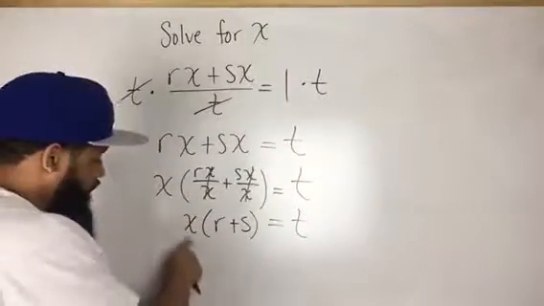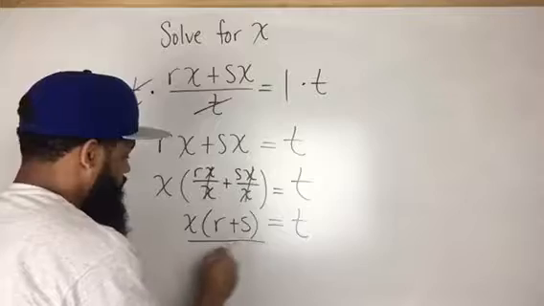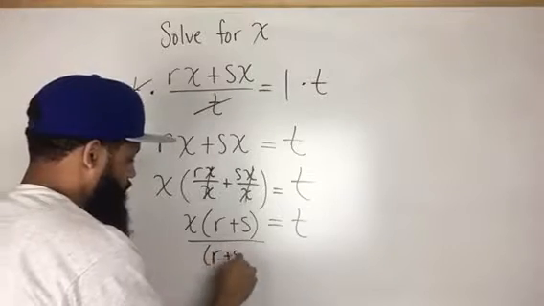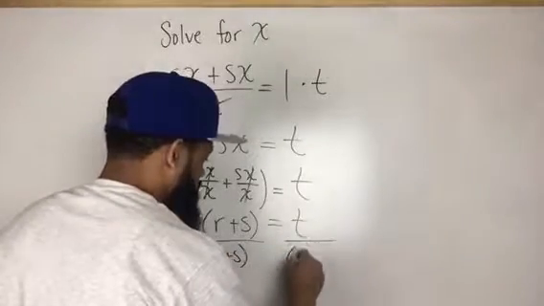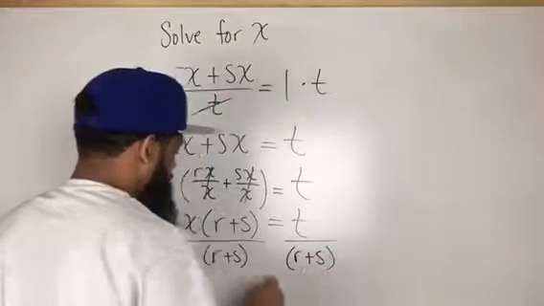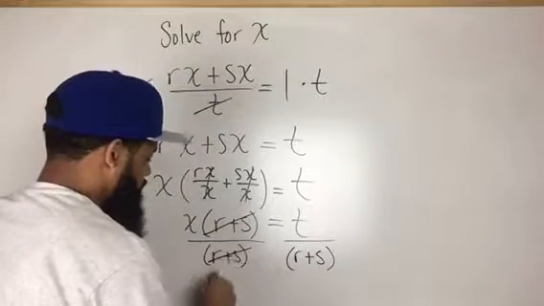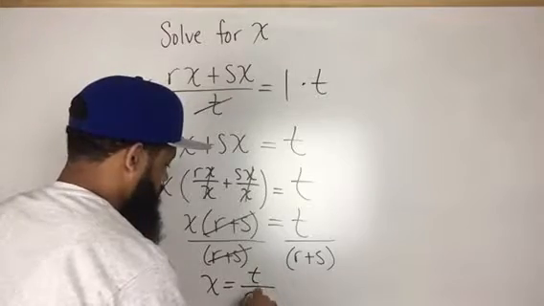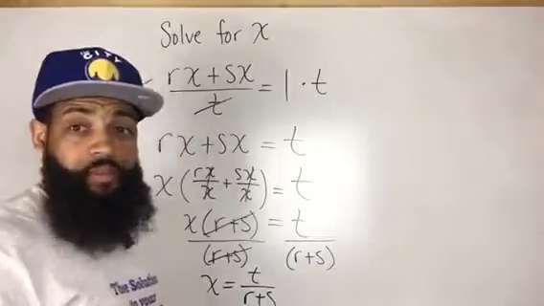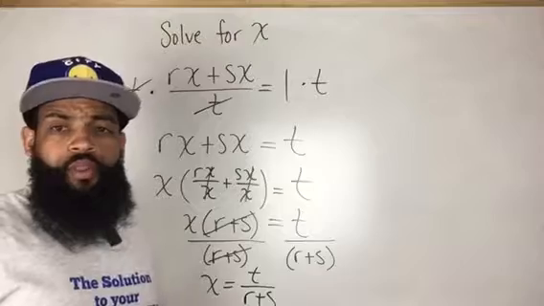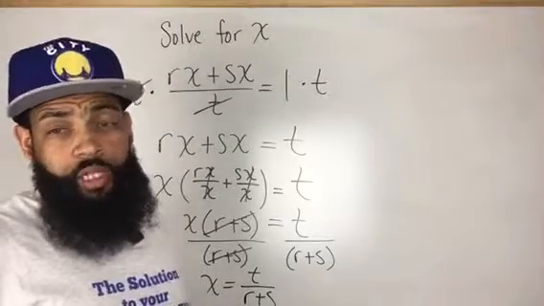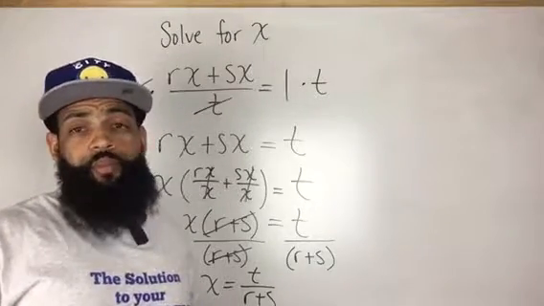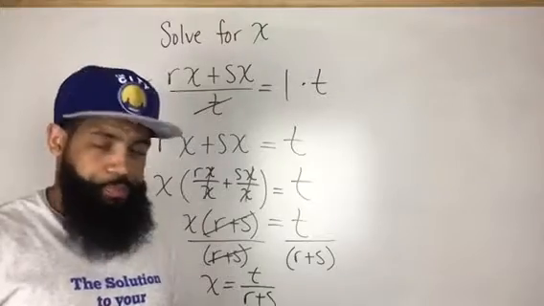And then remember, x is multiplied by the quantity in parentheses, so I'm going to divide by r plus s, divide by r plus s, and here those cancel, and I'm left with x is equal to t divided by r plus s. Okay, so that is basically how we use inverse operations to solve a literal equation.